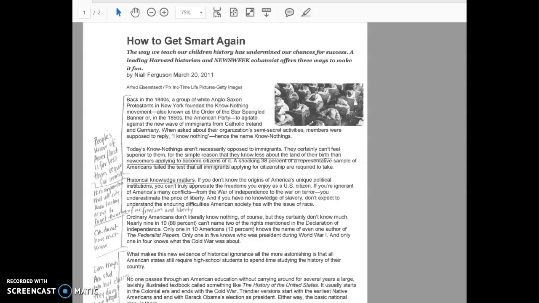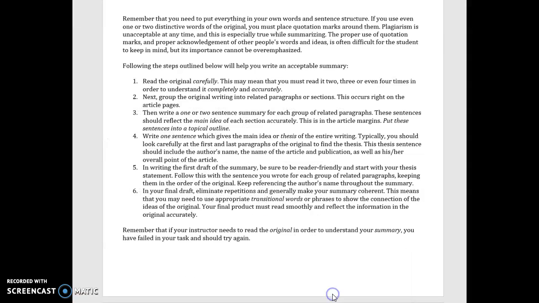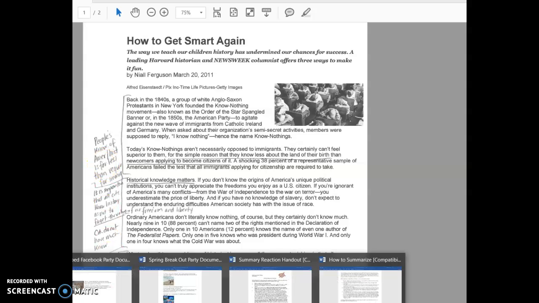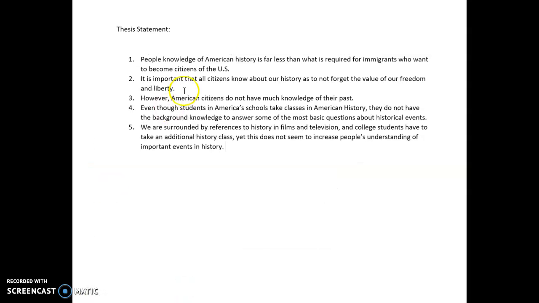Okay. So now if we look at the next step of how to summarize, that was steps 1, 2, and 3. Well, part of 3, because now I have to put them into a topical outline. So all I did was take this first sentence that I wrote here in the margin, and I put it next to number 1 on an outline.